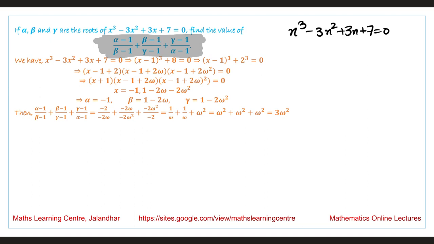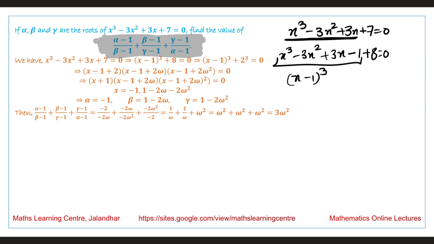Look at this term: x cube minus 3x square plus 3x, minus 1 plus 8 is equal to 0. This is x minus 1 whole cube plus 2 cube equal to 0, and using the formula for a cube plus b cube, we know it is (x minus 1 plus 2) into (x minus 1 plus 2 omega) into (x minus 1 plus 2 omega square) equal to 0.